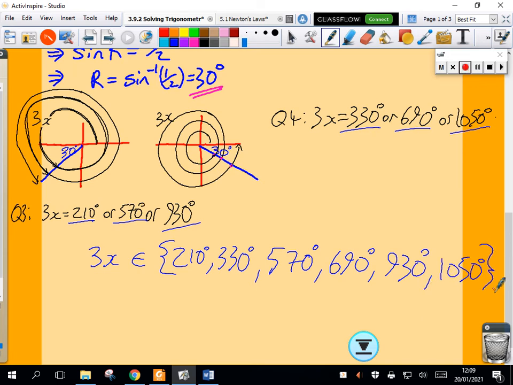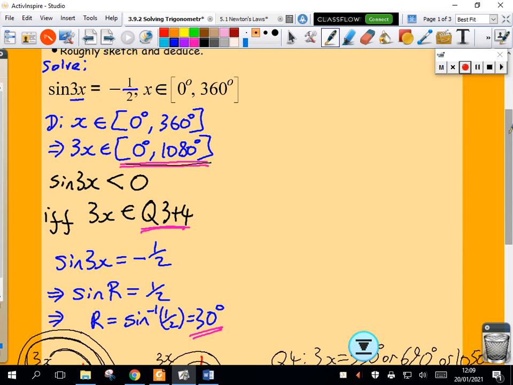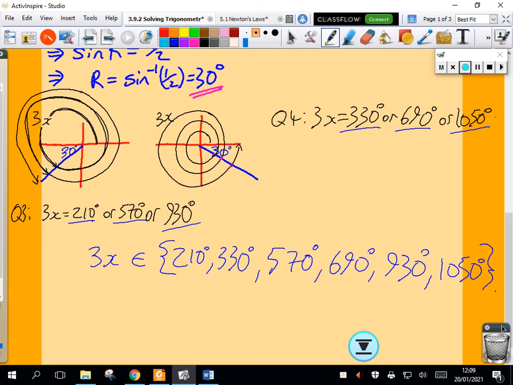But remember, those are my solutions for 3x. We actually haven't finished yet, because when it says solve the equation, we're trying to find values for x. So to find values for x, what do we do? Well, we just divide everything by 3.